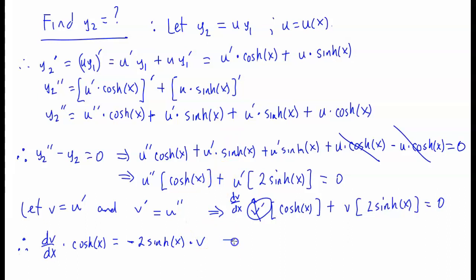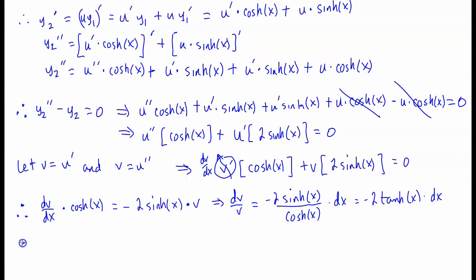And then if I do some algebraic rearranging here, you'll see that I'll just have dv over v, and that's going to equal minus 2 sinh x over cosh x dx. Okay. And this is just minus 2 tangent hyperbolic of x dx.